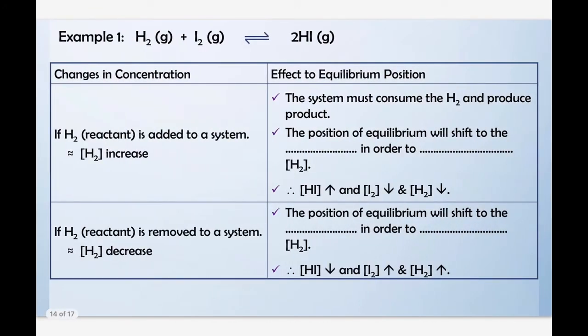So, apa kata kamu buat example 1 ini, dan saya akan share jawapannya dengan kamu sebentar nanti. So, ini adalah jawapan untuk example 1.